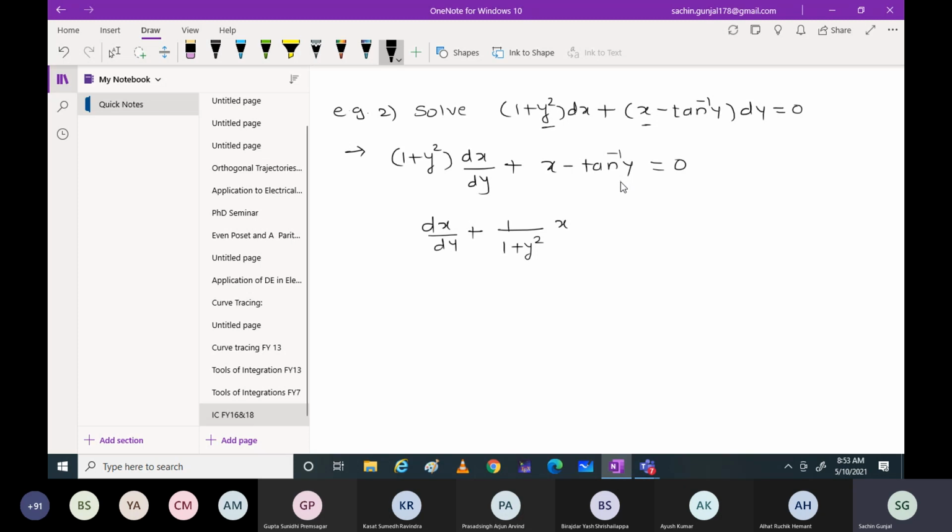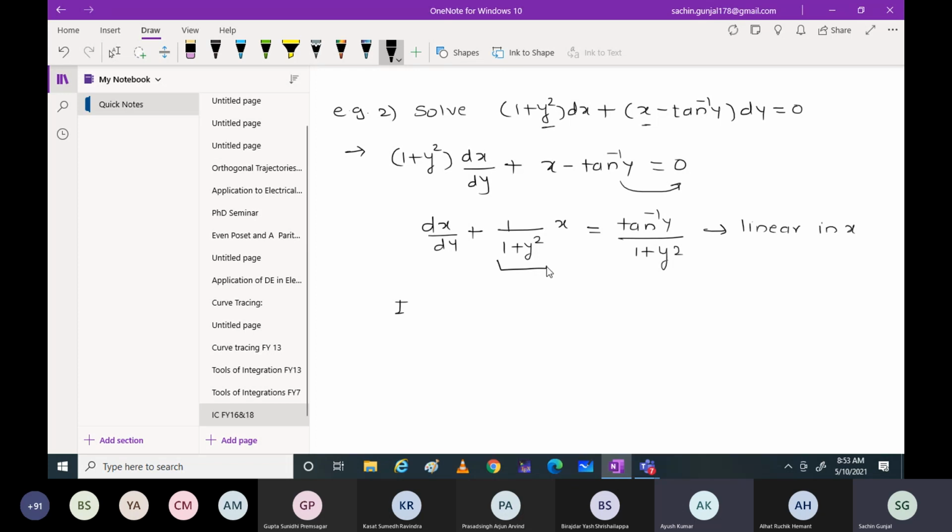I'll take this tan inverse to that side, so it will become tan inverse y upon 1 plus y square. Now this becomes linear in x.